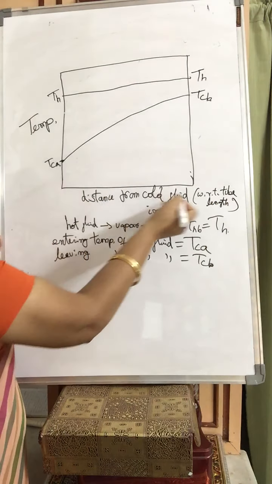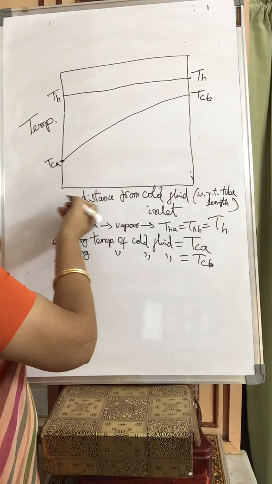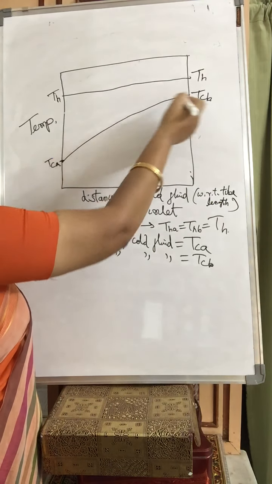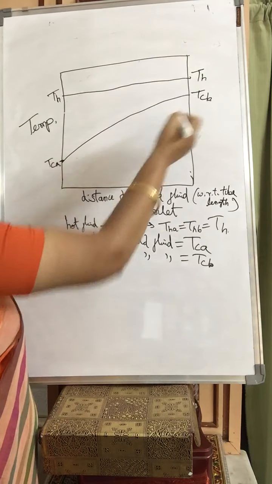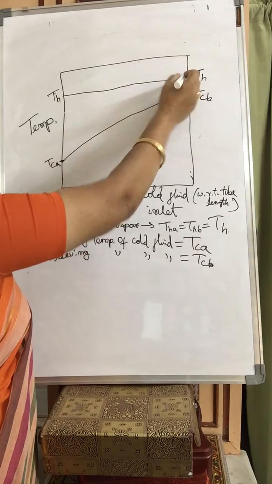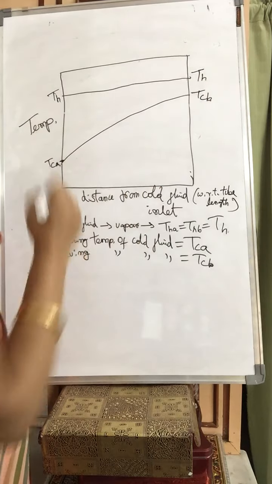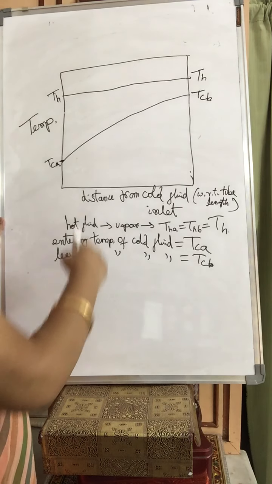When the length of the condenser is increasing, how are the temperatures of both the fluids changing? Here hot fluid is remaining constant and cold fluid is increasing from TCA to TCB.